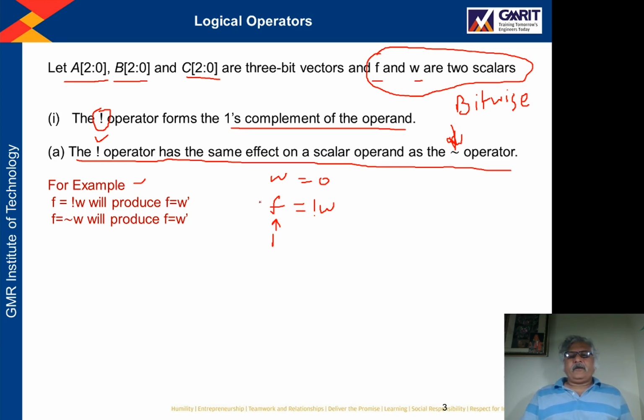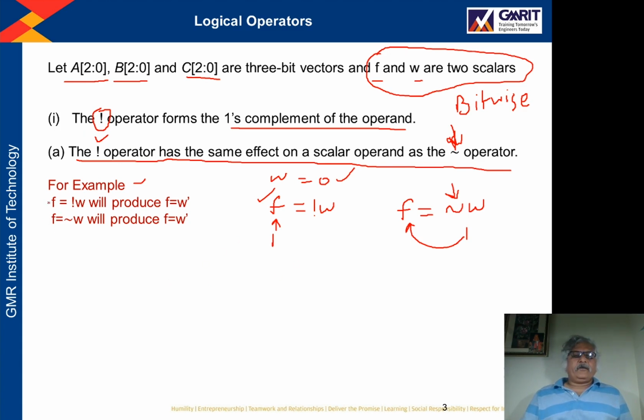If in place of this you write F is equal to tilde W, again this operator will perform the one's complement, so since W is 0, 1 will be stored in F. So the exclamation operator performs exactly the same way as the tilde operator in bitwise.